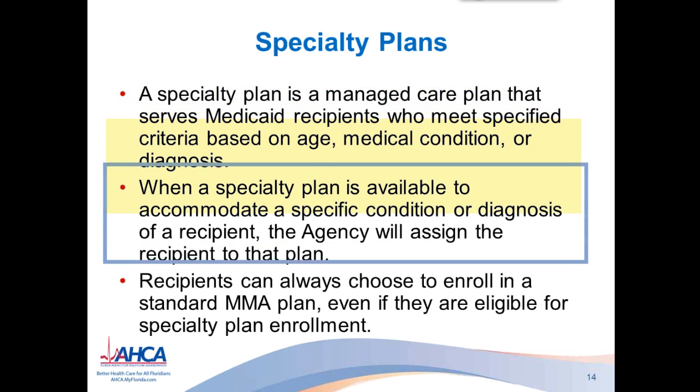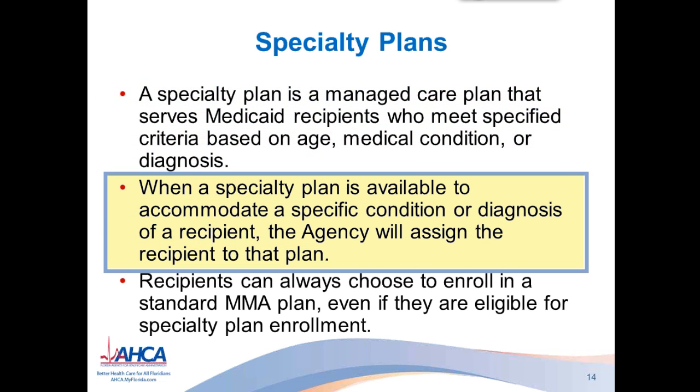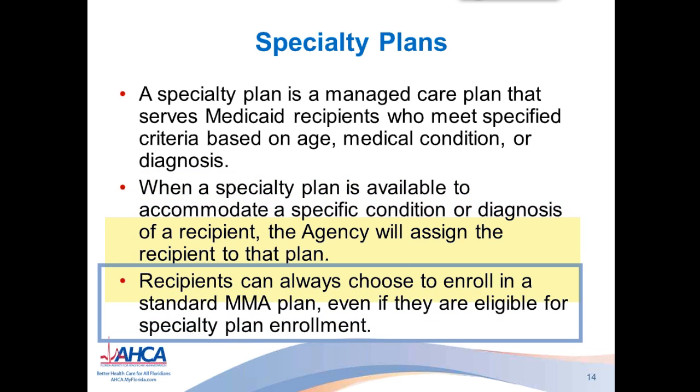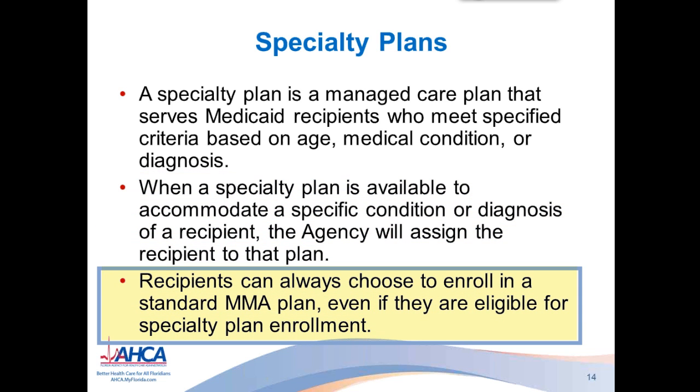When a specialty plan is available to accommodate a specific condition or diagnosis of a recipient, the agency will assign the recipient to that plan. Recipients can always choose to enroll in a standard MMA plan even if they are eligible for a specialty plan enrollment.